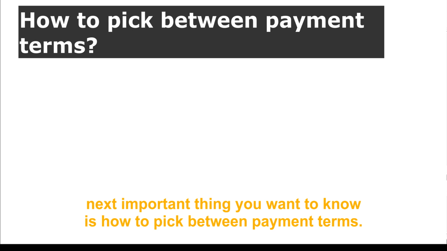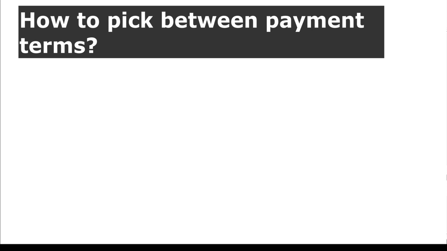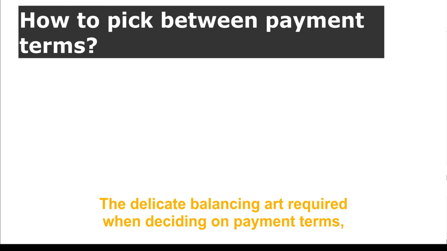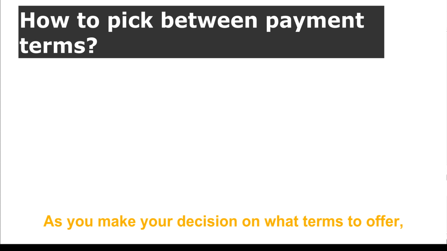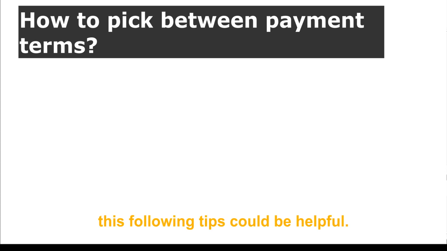So, the next important thing you want to know is how to pick between payment terms. The delicate balancing art required when deciding on payment terms means it's unlikely to be an easy task. As you make your decision on what terms to offer, these following tips could be helpful.